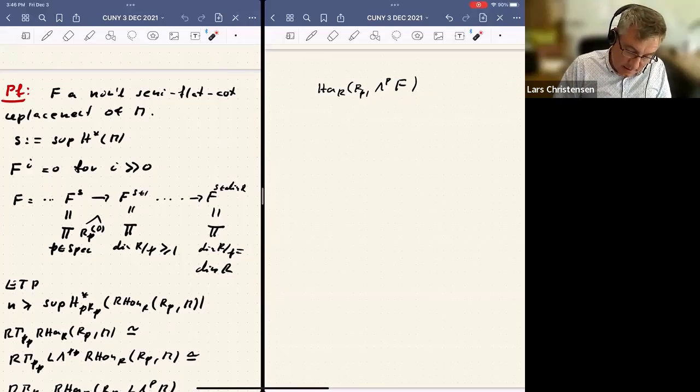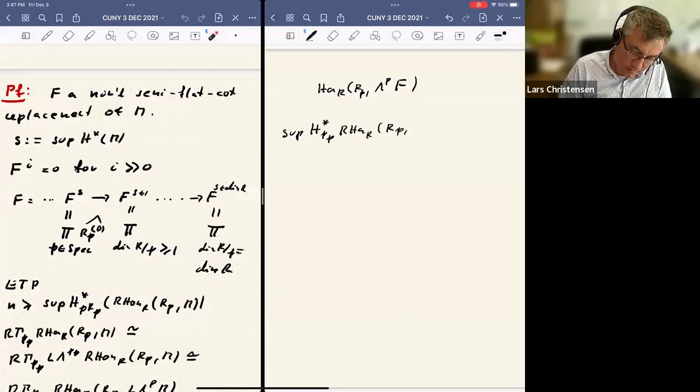So I can now say that the supremum of the local cohomology locally at p of RHom over R localized at (p, M) is the supremum of the homology of just the Hom.